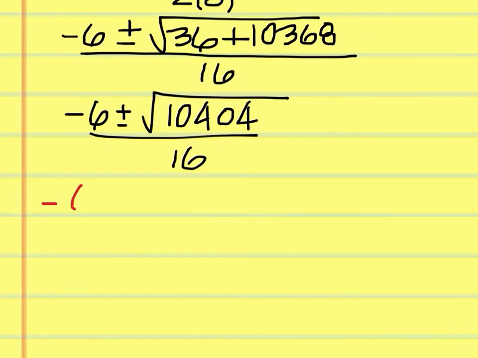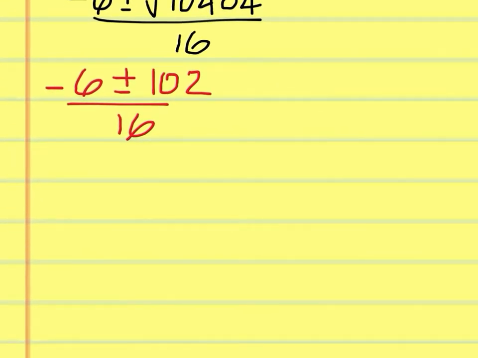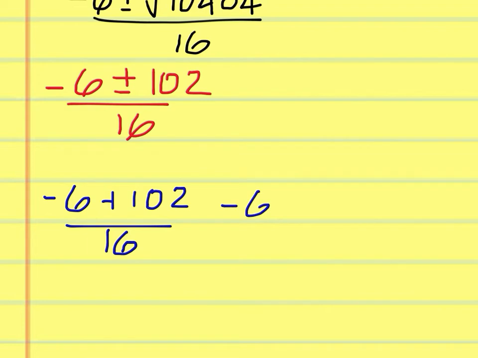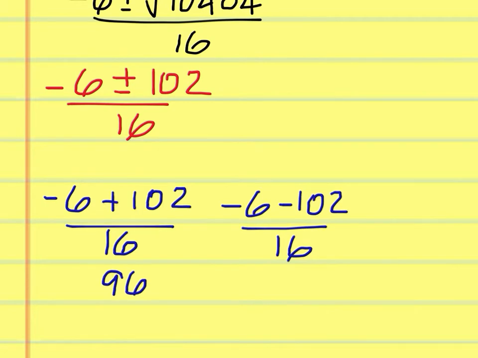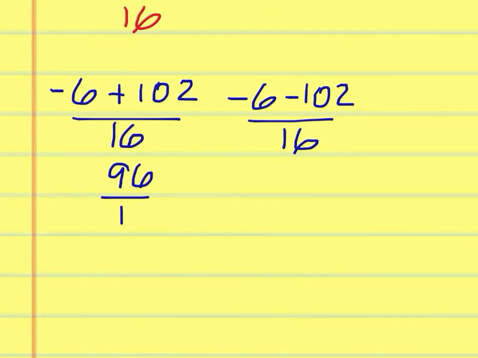So we would have negative 6 plus or minus 102 over 16, which would give us two problems, a negative 6 plus 102 over 16, and a negative 6 minus 102 over 16. This is going to be 96 over 16, which works out really neat because the answer is 6.